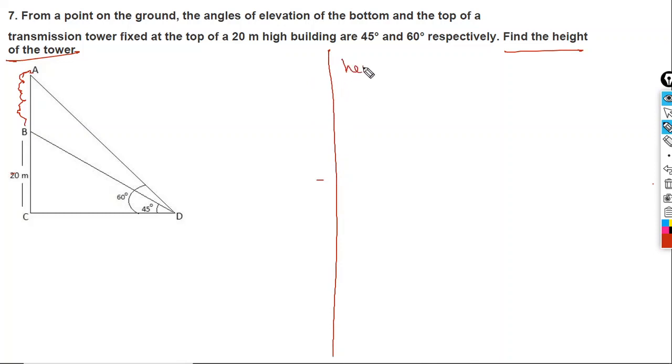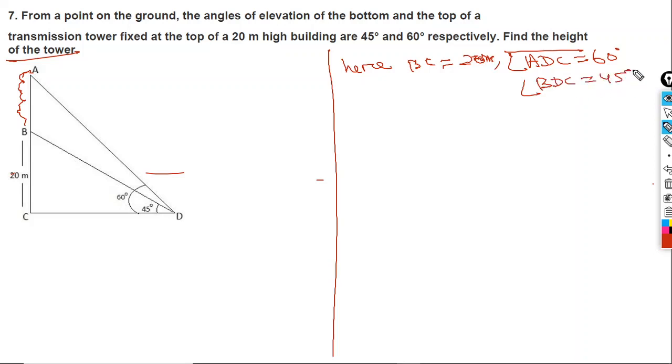Here write out the data that are given. BC equal to 20 meter. Then angle ADC equal to 60 degree. Angle BDC, look at the figure, equal to 45 degree.